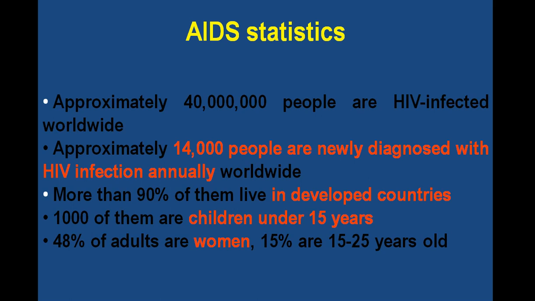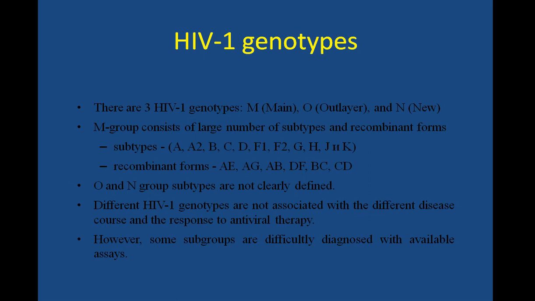More than 90% of them live in developed countries. 1,000 of them are children under 15 years. 48% of adults are women. 15% are 15 to 25 years old.